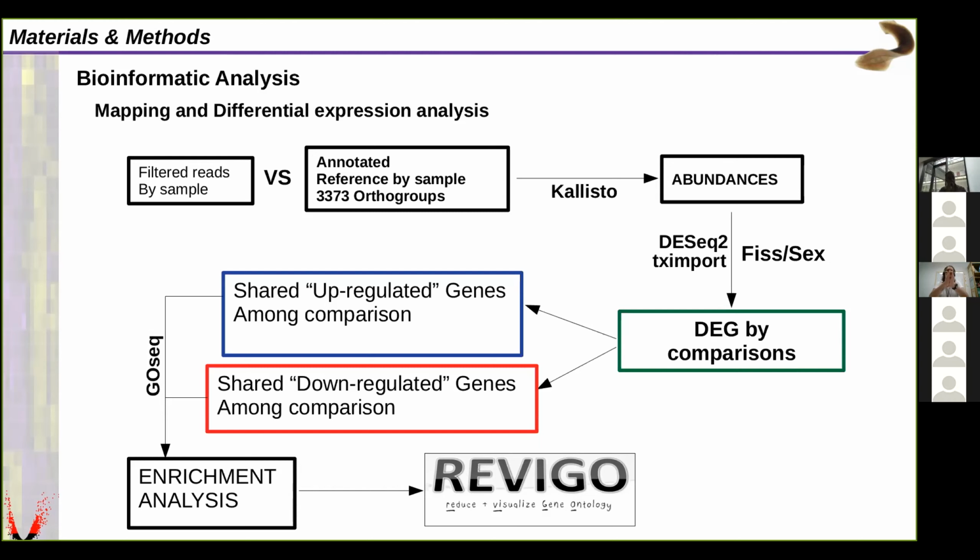Because we used samples from different localities, we worked with the shared upregulated genes and downregulated genes from all comparisons. Both sets of shared genes were analyzed with GOseq, and the results of the enrichment analysis were visualized with REVIGO.